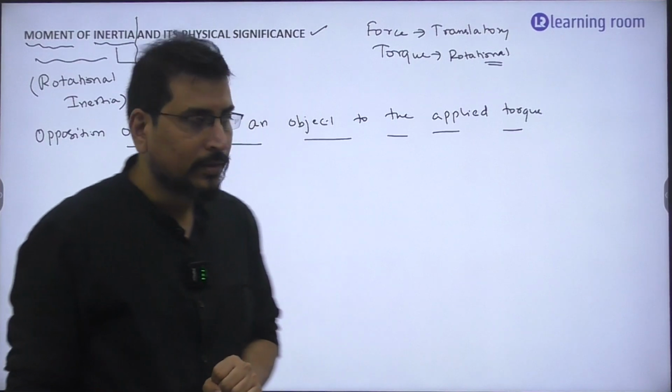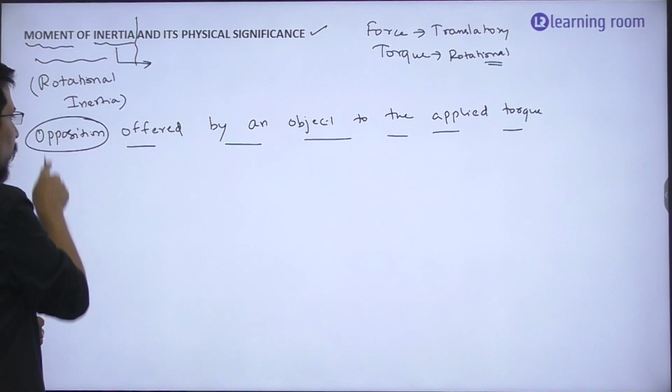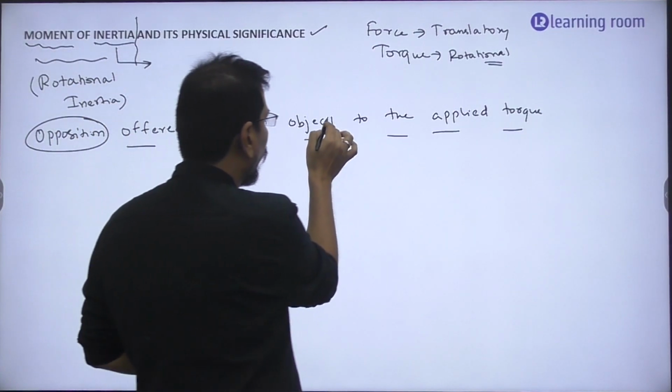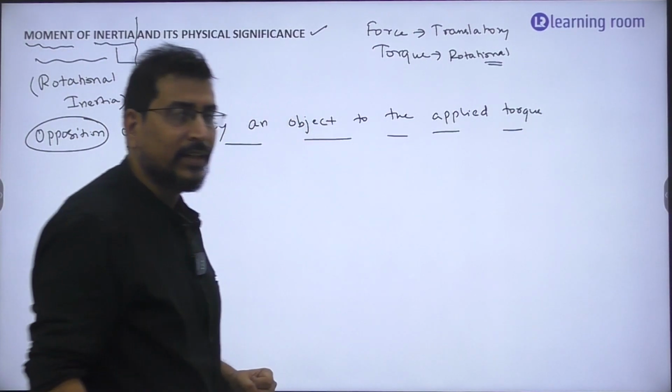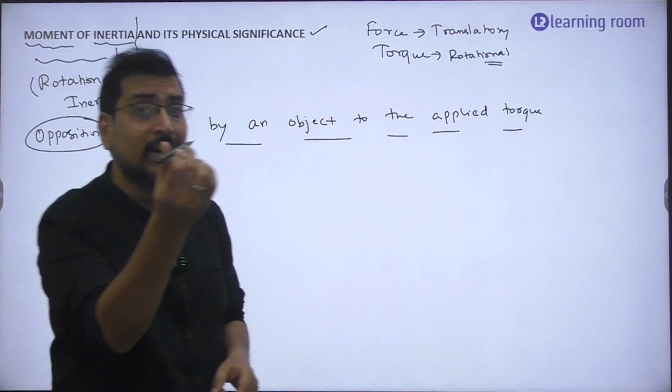What I am trying to tell you is that this opposition offered by an object to the applied torque has something to do with the distribution of mass. That is the reason I gave this example.